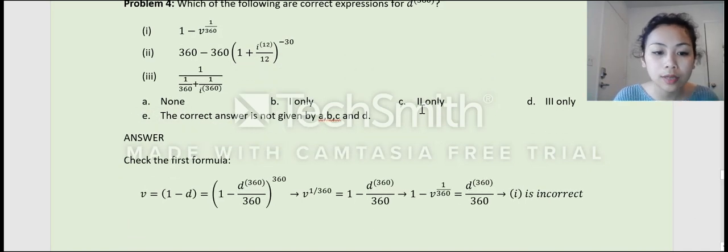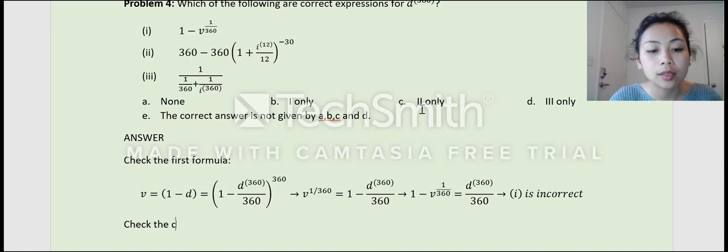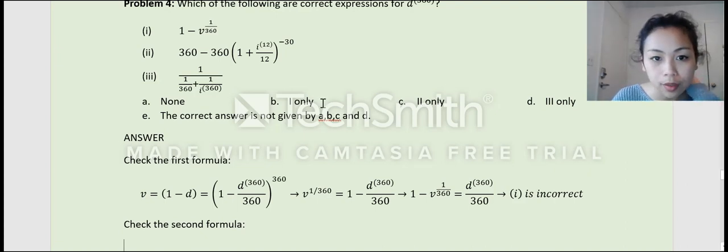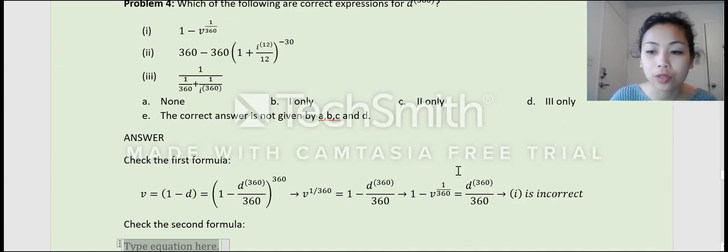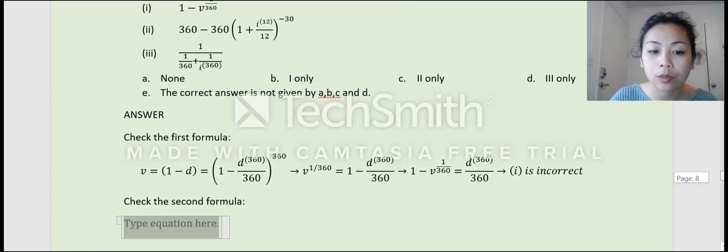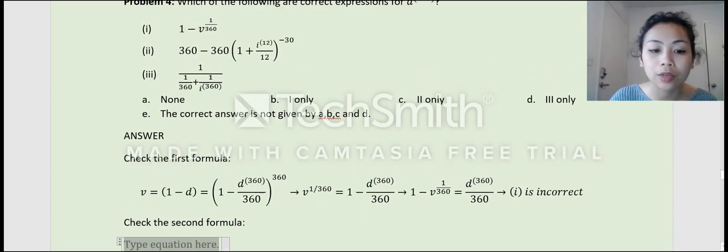Now we go to the second formula and check it. We are going to use the relation of nominal interest rate and nominal discount rate. Here we have i^(12), so I'm going to write down the formula of A(t).